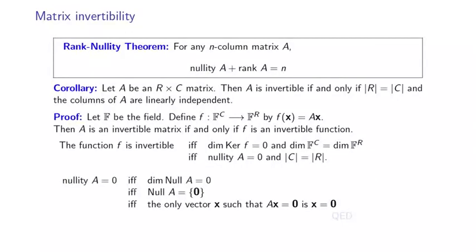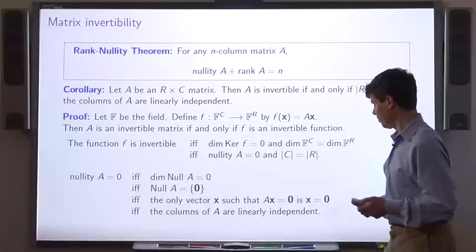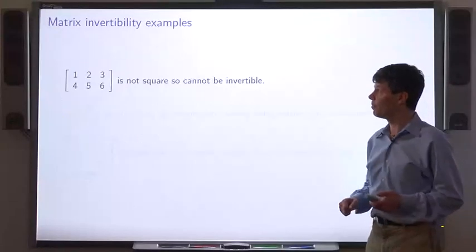That is, if the only vector x such that Ax is the 0 vector is the 0 vector itself. And that's true if and only if the columns of A are linearly independent, by the linear combinations definition of matrix vector multiplication. And that completes the proof.